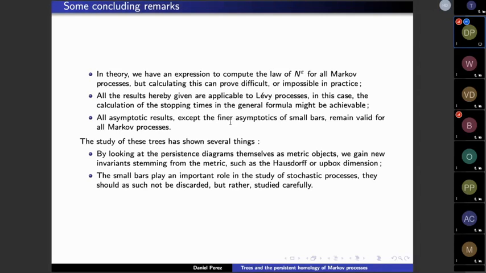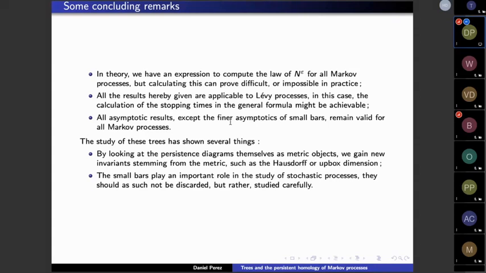So the study of these trees in probability theory has shown a couple of things. The first thing is that we should be looking at persistence diagrams themselves as metric objects. We know that the collection of persistence diagrams is a metric object, but we should be looking at a persistence diagram also as a metric object, because it is also a tree, as we have seen.